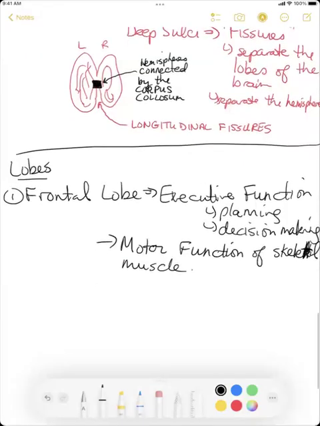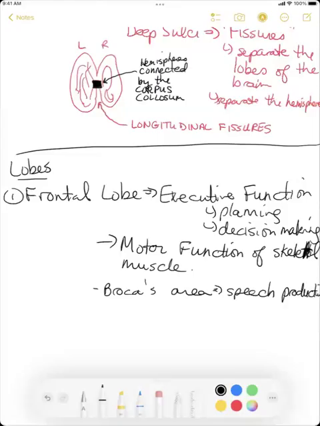Within this motor function of the brain, there's also another region, which is referred to as Broca's area, and it's actually a language area, mainly for speech production.